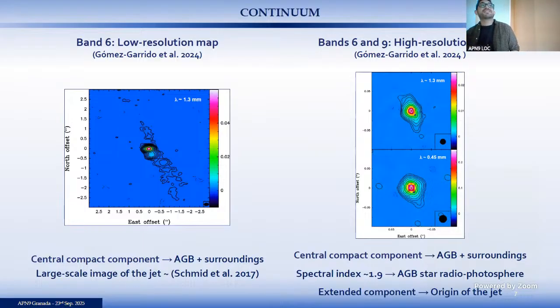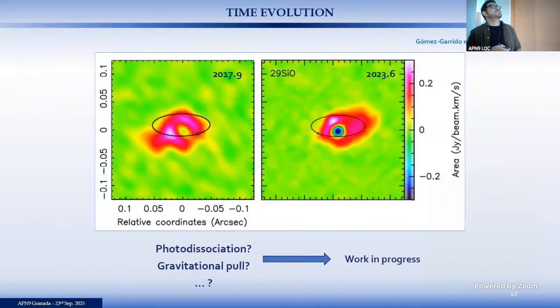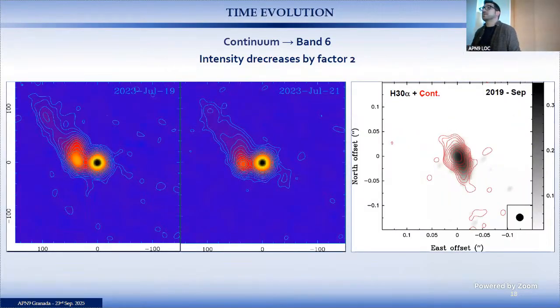However, we think that's okay, but we focus only on the central position, where we suppose the AGB star is dominating with respect to the jet. But I agree, maybe there is some contamination from the jet. So this is an estimation. It's compatible with an AGB star. Now we are obtaining the spectral index of most of these observations, and we obtain a value close to 1. So okay, there is some contamination, but it's not so strong.